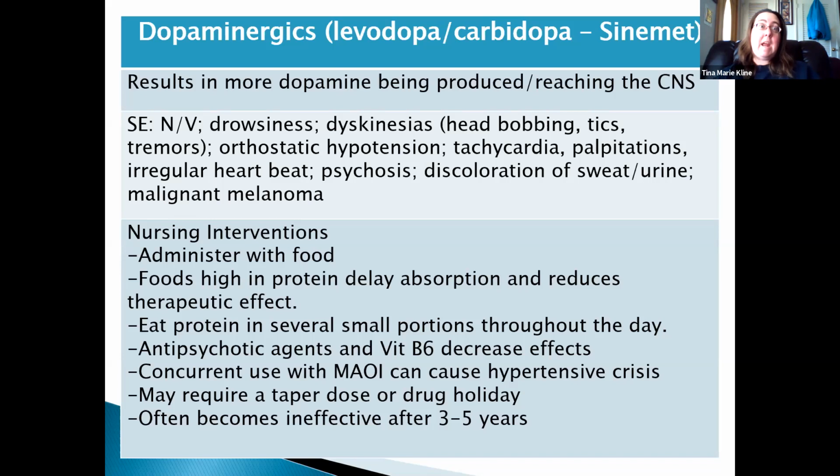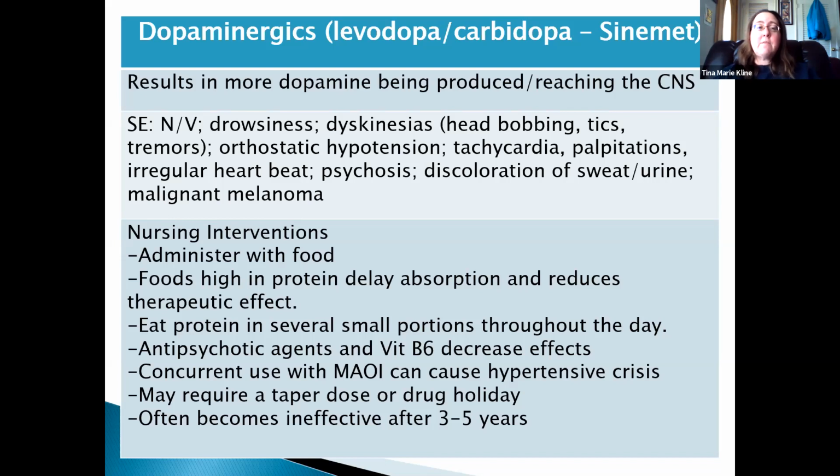When we first start giving this, we see some phenomenal effects. The patient really does tend to see an improvement in their symptoms. They're doing better. But there's a time frame for that, and it isn't going to last forever. That's a very important point to make with both the patient and their family.